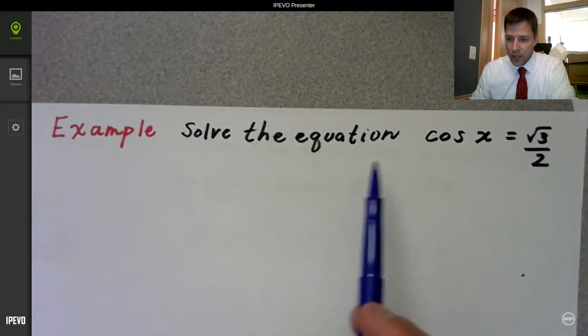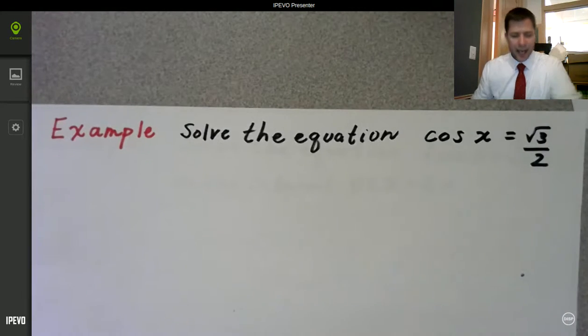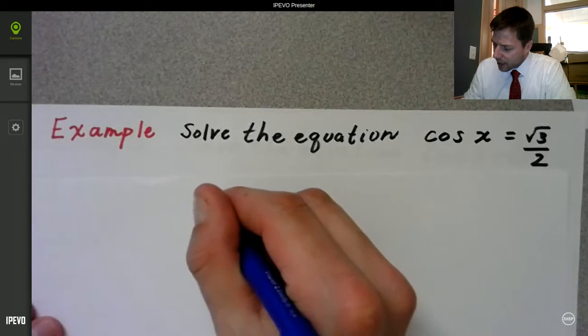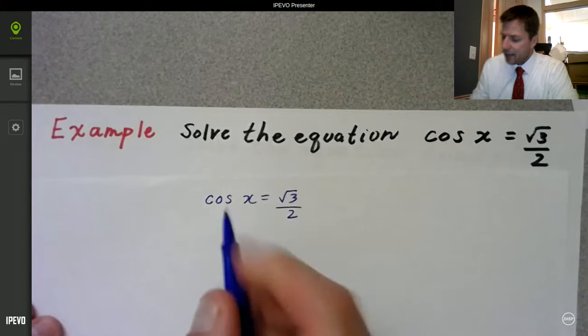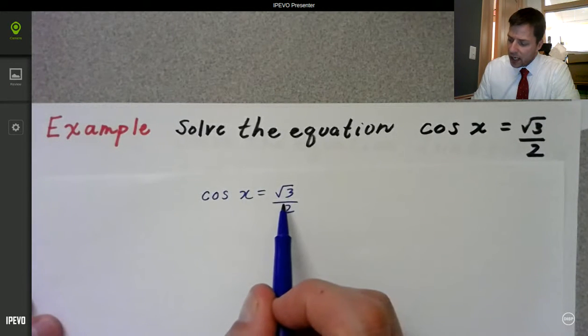We're going to solve the equation cosine of x equals root 3 over 2. There's a lot of ways you can do this. When I write cosine of x equals root 3 over 2, I need to know what angle gives me an x coordinate of root 3 over 2.